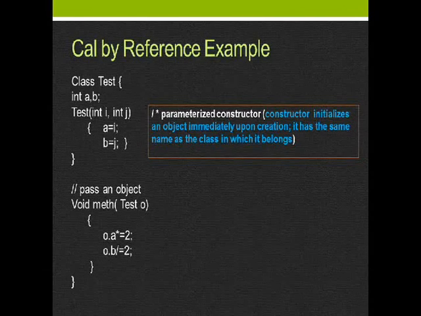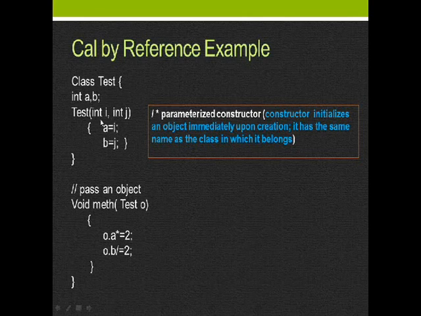Now let us see the call by reference example. Here is a class Test with int a, b. Test(int i, int j), where a is assigned i, b is assigned j. This is a constructor because it is a subroutine-like structure with the same name as the class name. This is called a parameterized constructor.